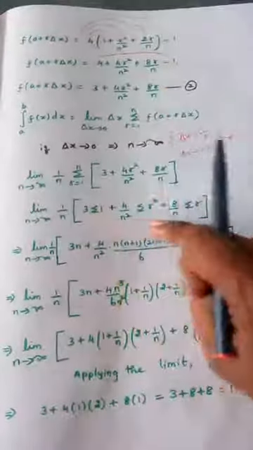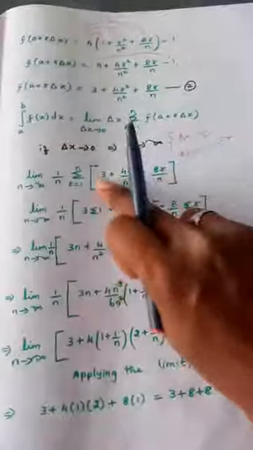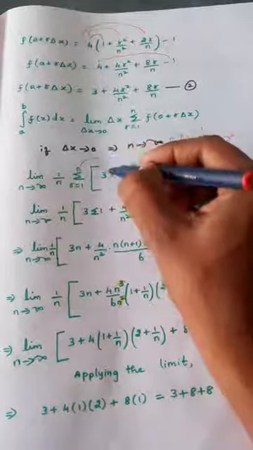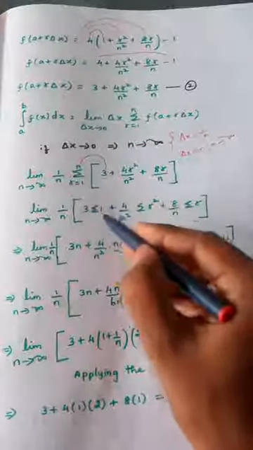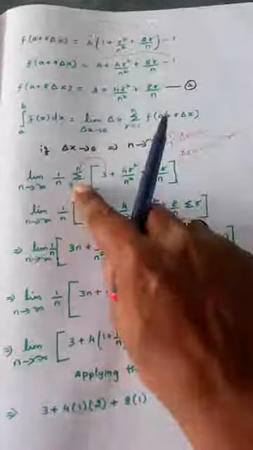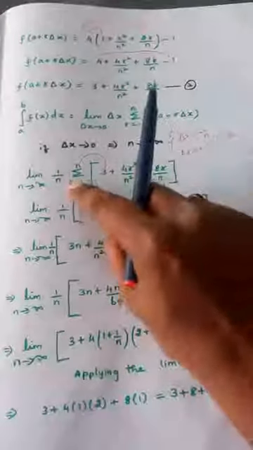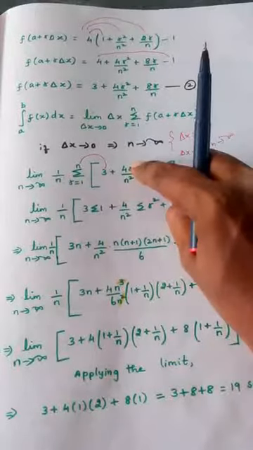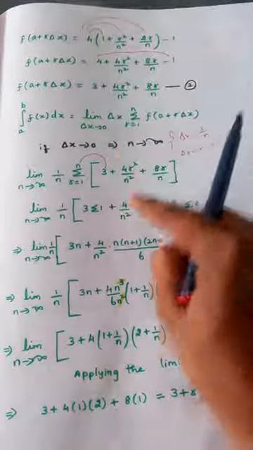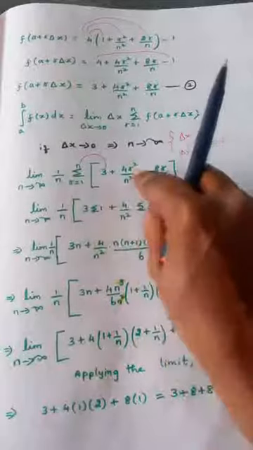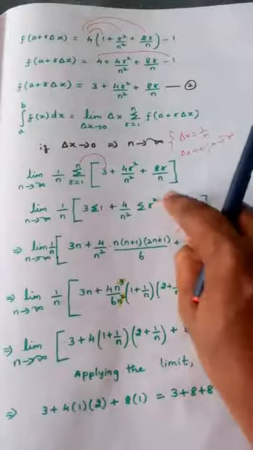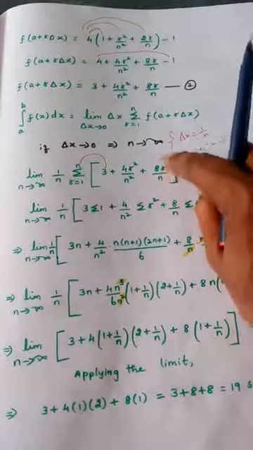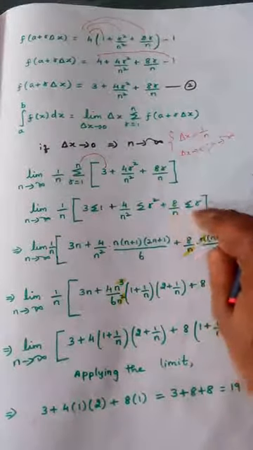So writing all these things inside the bracket. Now bringing the sigma inside. Since 3 is a number, 3 into sigma 1 will come. When I apply sigma to this term, sigma's variable is r, because the r value changes. So it will go only with r square. 4 by n square will come out. Sigma will go with this r square. Similarly, plus, when sigma comes with this term, again it will go only with r. 8 by n will come out, sigma r.